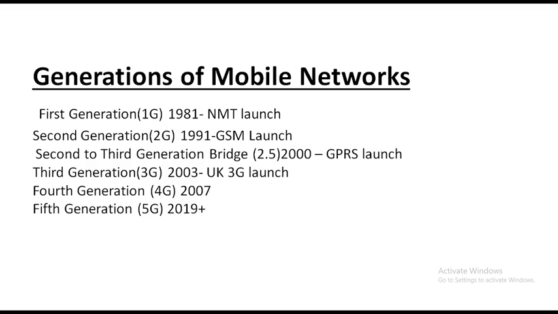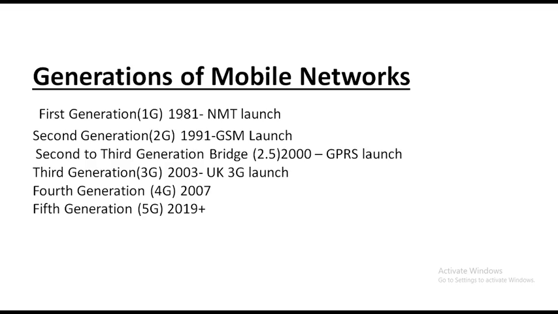The data transmission rate typically increased to 2 megabits per second, and it supports multimedia services, nothing but MMS, multimedia messaging service. With 3G technology we are able to get video calls also.